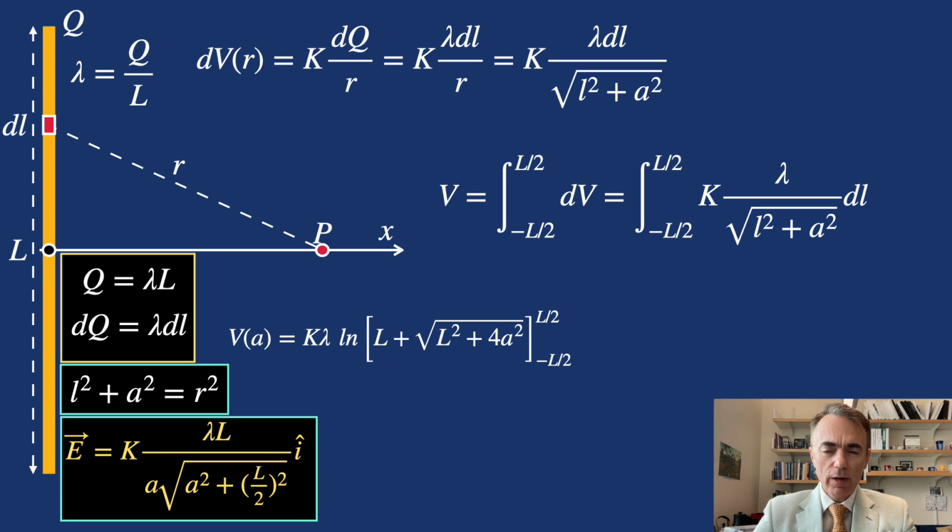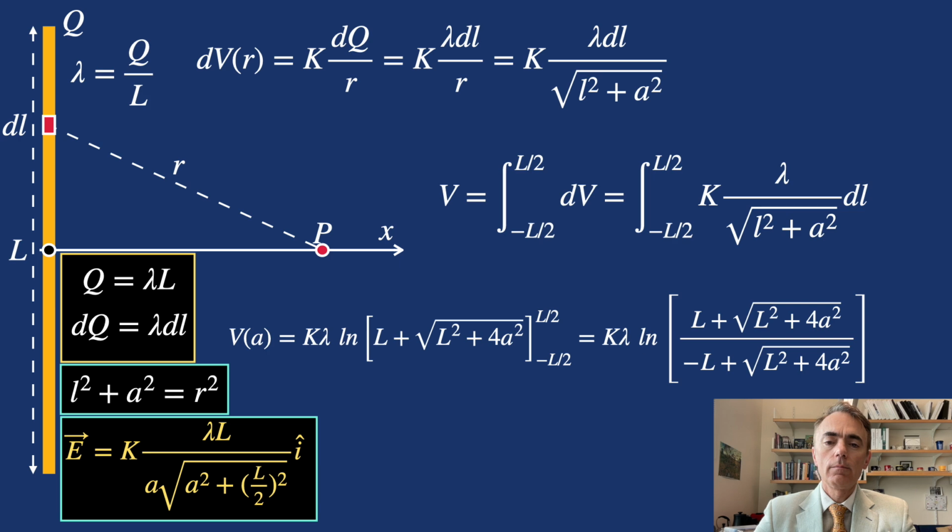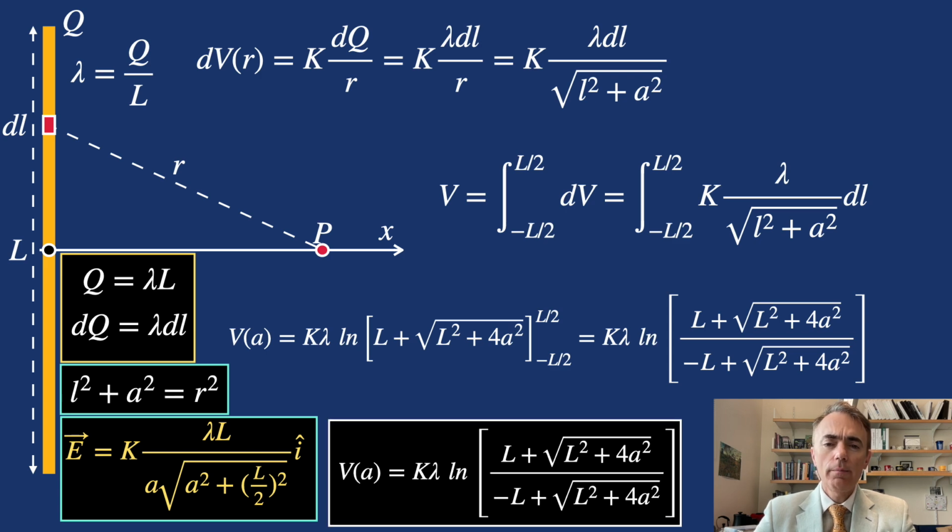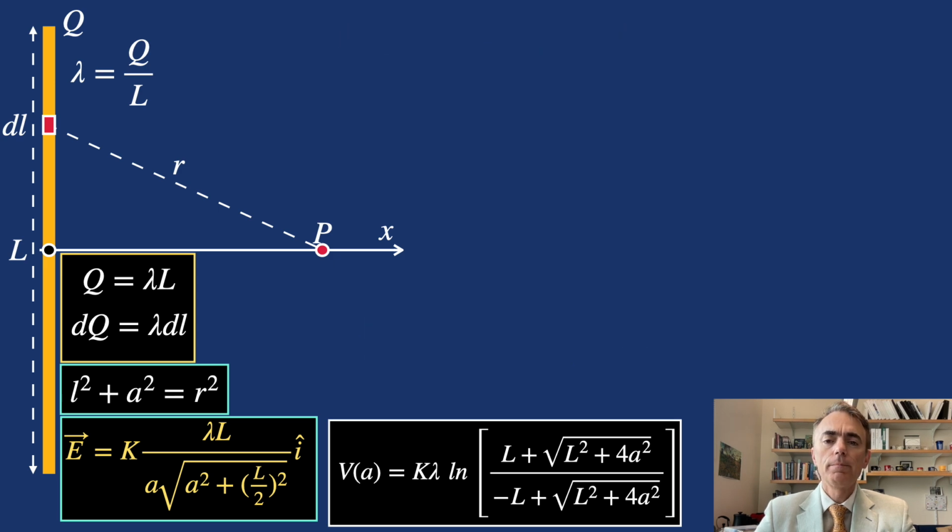Evaluate it at the boundaries. So we get this as the electric potential at point P, created by this finite line of charge. Let me keep this result down here and clean the blackboard again.